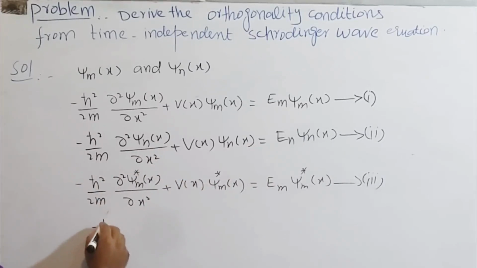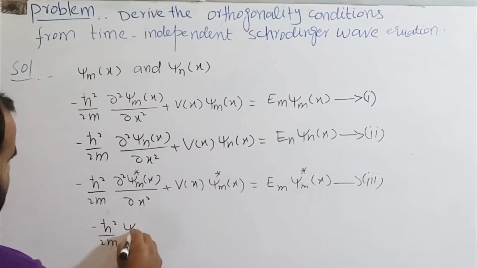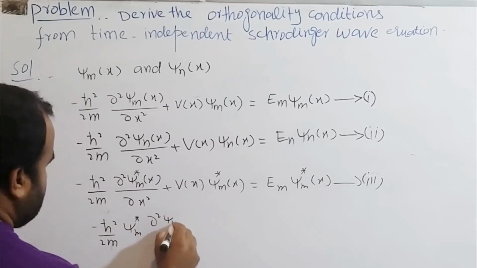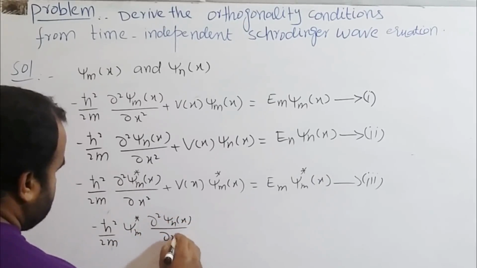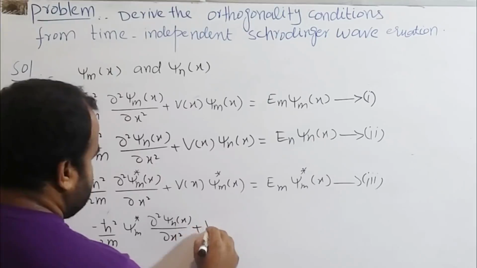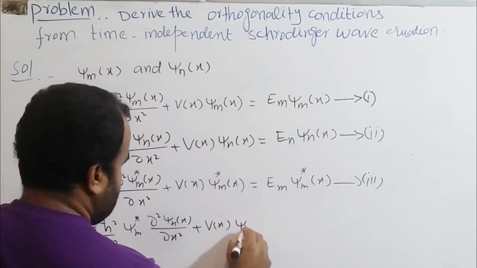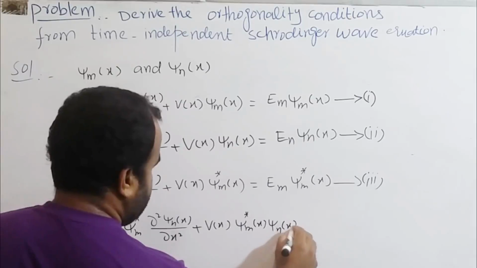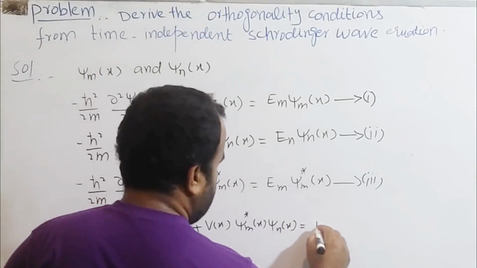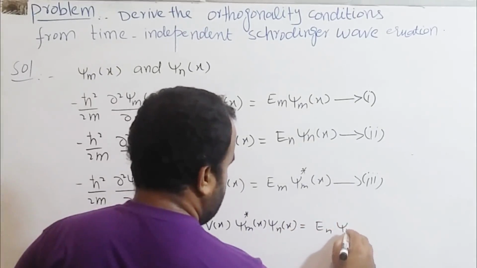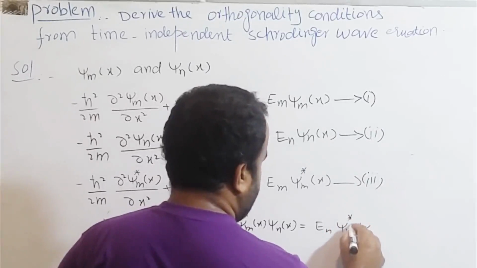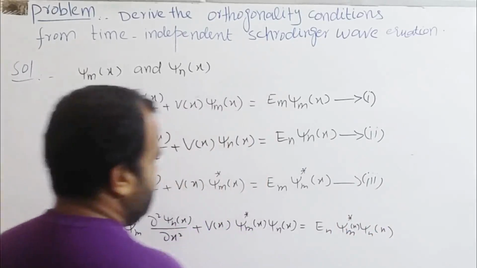So it will be minus h cut square divided by 2m, psi m star times the second partial derivative of psi n of x with respect to x, plus V of x psi m star of x psi n of x, is equal to E n psi m star of x psi n of x.